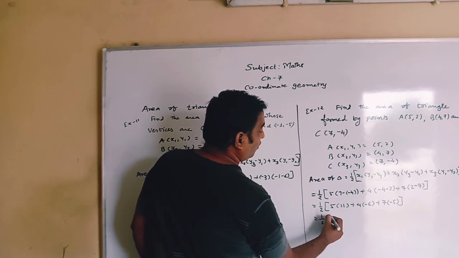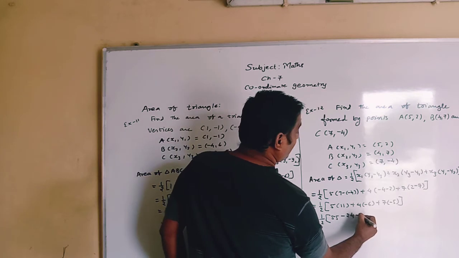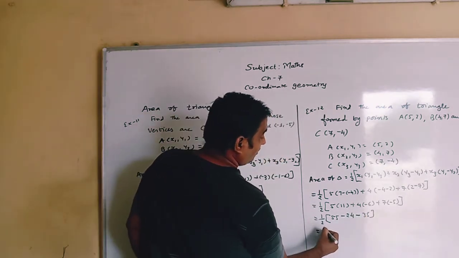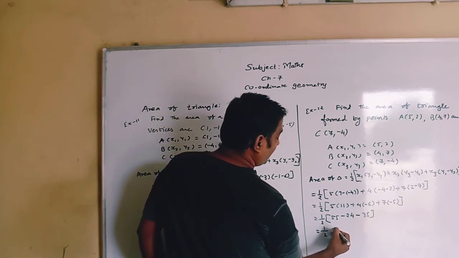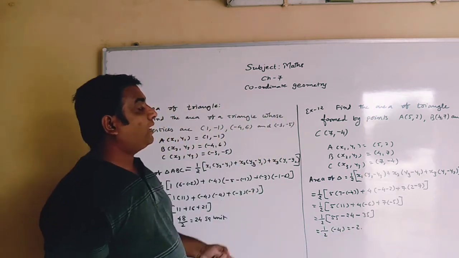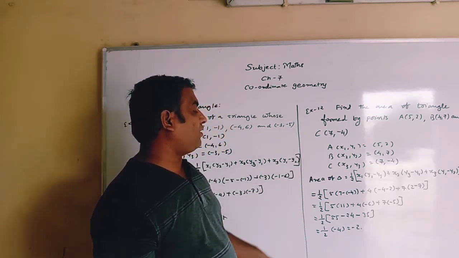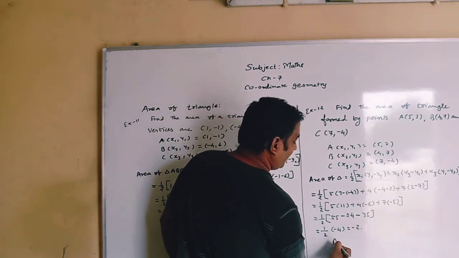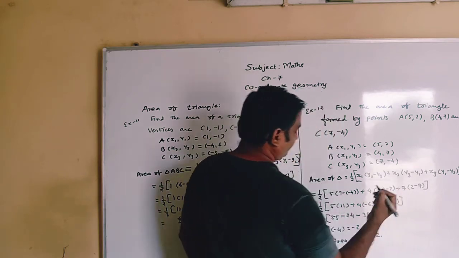So it is 1 by 2 [55 minus 24 minus 35]. And so 55 minus 35 is 20, 20 minus 24 is −4. So the answer is −2. But we know that area cannot be negative, so we take the absolute value, the numerical value only. And so the area of the triangle equals 2.